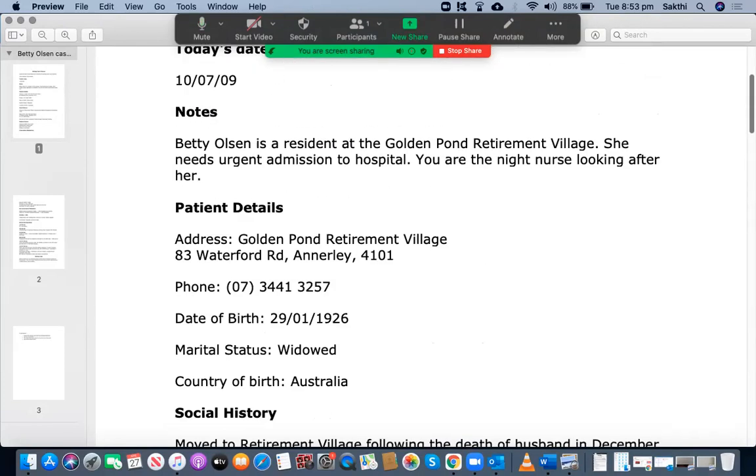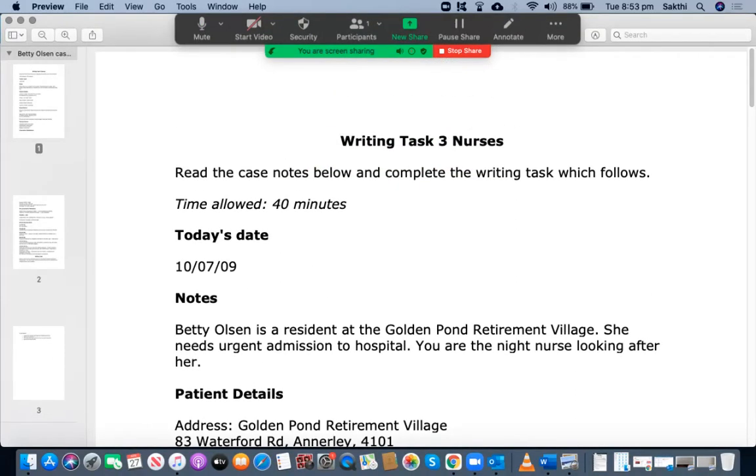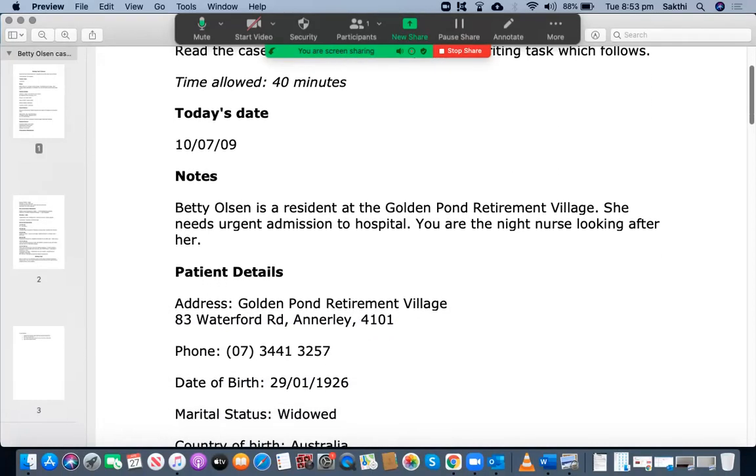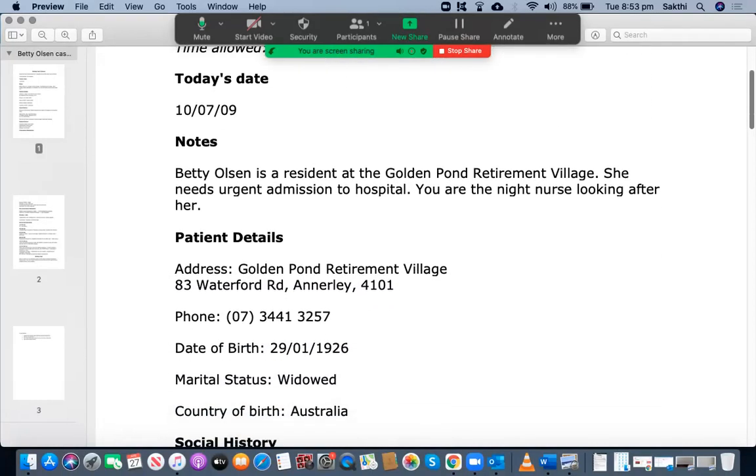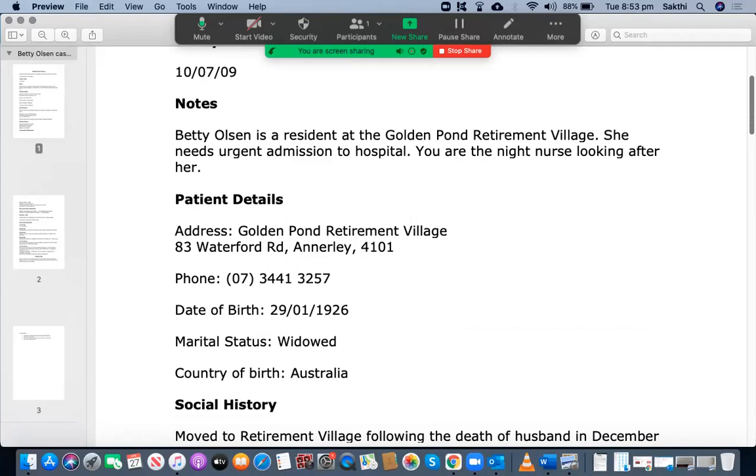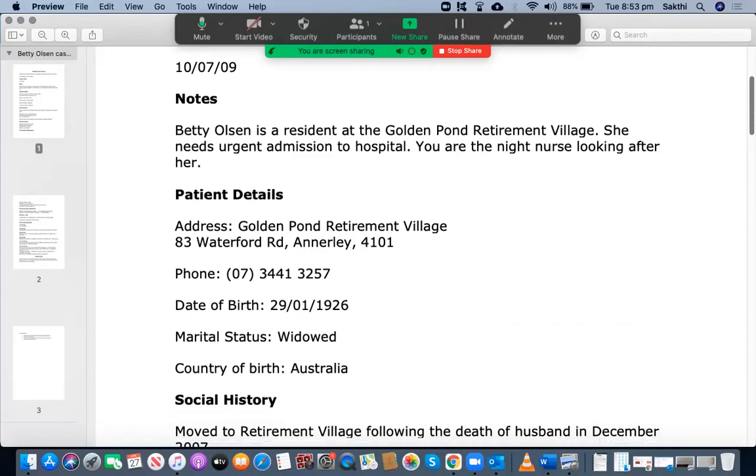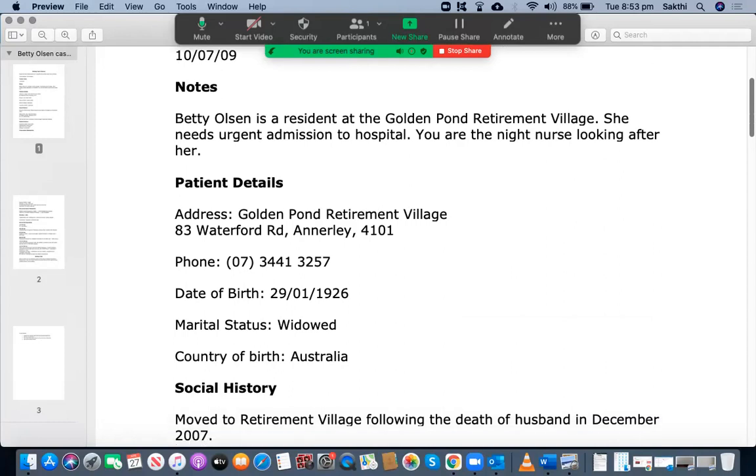All right. Let's go through the letter now. Read the case notes below. Complete the writing task which follows. Time allowed is 40 minutes. Today's date is 10/7/09. Betty Wilson is a resident of the Golden Pond Retirement Village. She needs urgent admission to hospital. You are the night nurse looking after her. Okay, good.